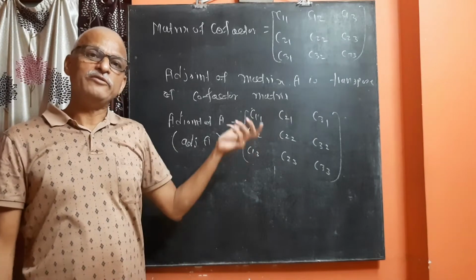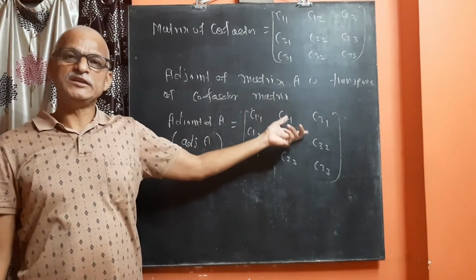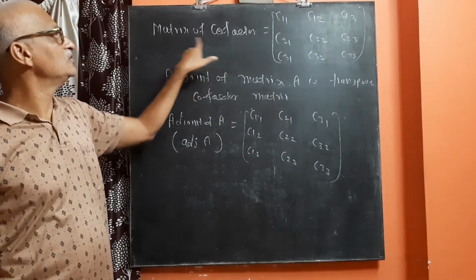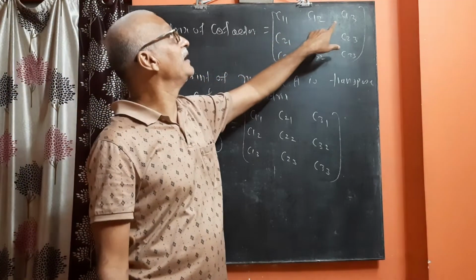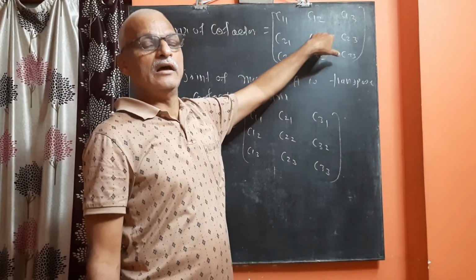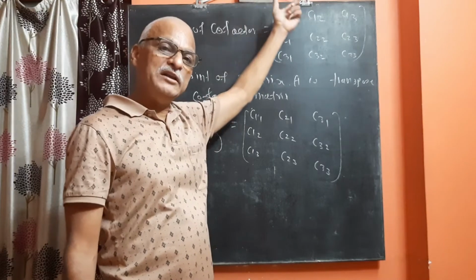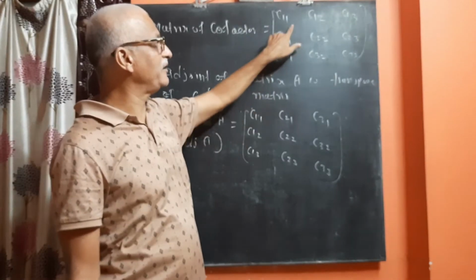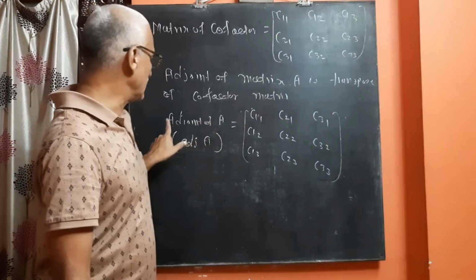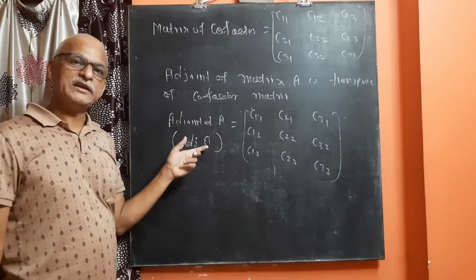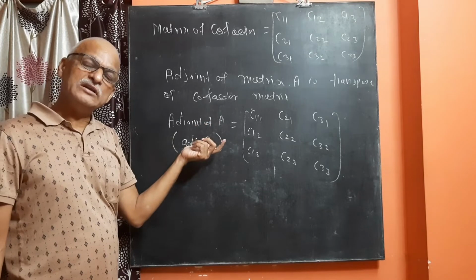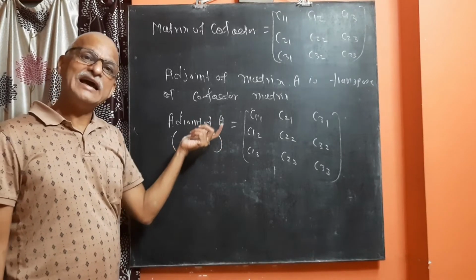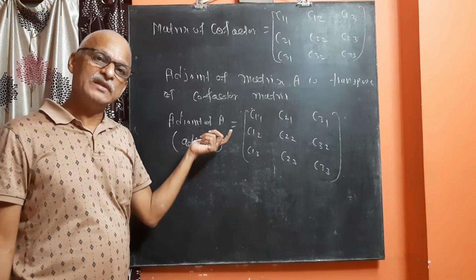Once you get the values of C11 up to C33, put those values in the matrix of cofactors. After getting the matrix of cofactors, find the transpose of the cofactor matrix, and you will get the adjoint of matrix A. On this method, we have to solve the inverse as well as the linear equations.